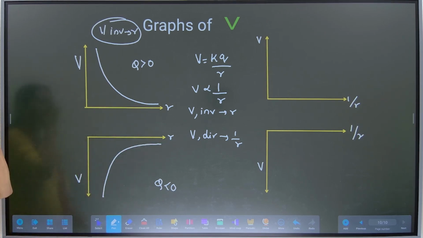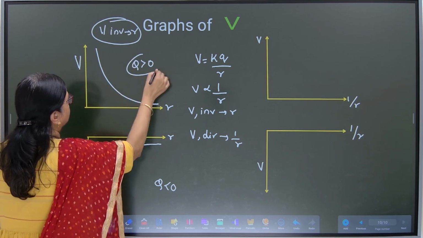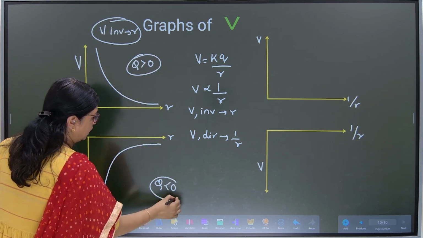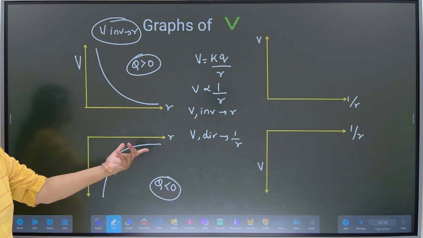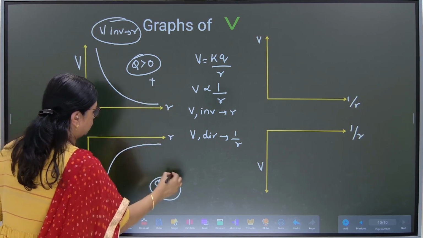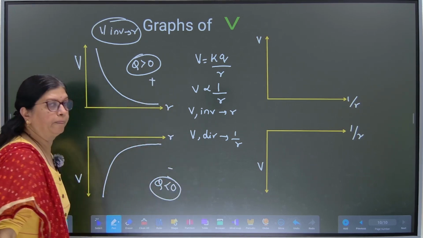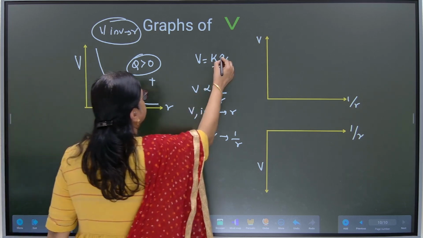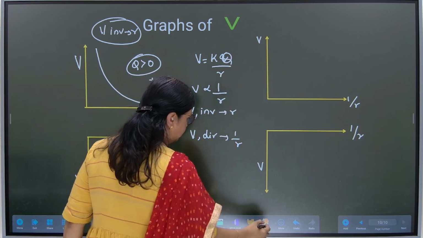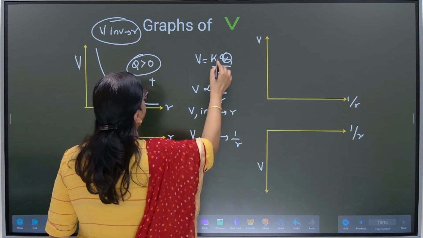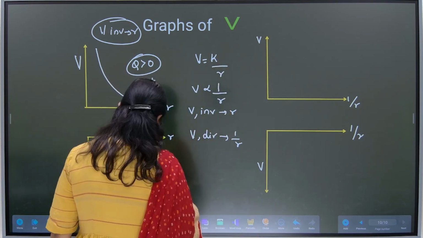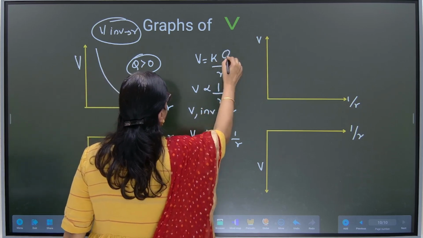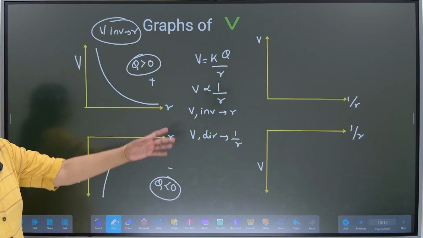So remember, what are they asking? Q greater than 0 or Q less than 0? Q is positive or Q is negative? Fine. Okay, remember that. I can write this as capital Q if there is some confusion for you to remember or understand. Okay? Q is a capital Q.